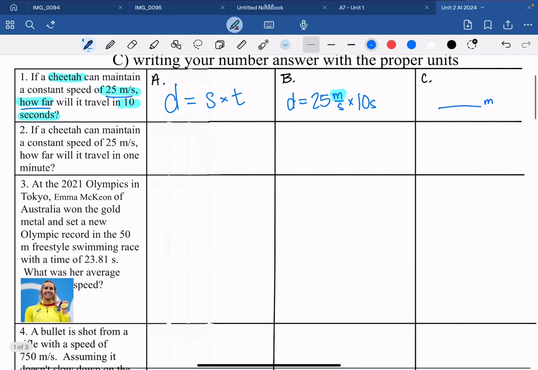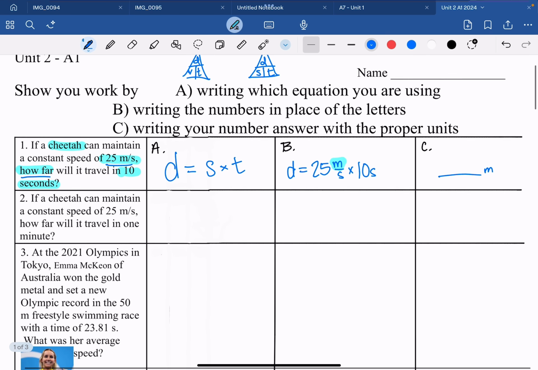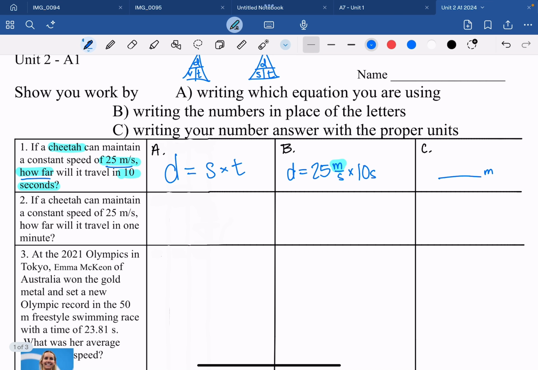The next one, number 2, we're dealing with a cheetah. If a cheetah can maintain a constant speed of 25 meters per second, how far will it travel in 1 minute? All right, so it gives us a speed of 25. Just like that first problem, the question here is how far will it travel in 1 minute? So the question is still the same.